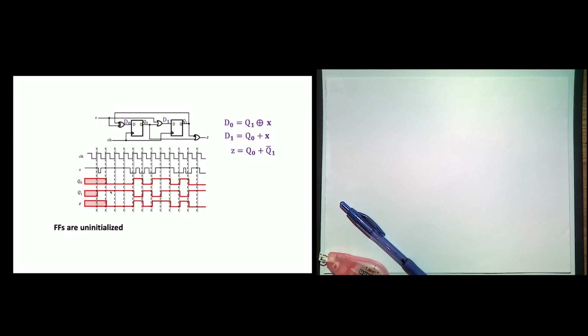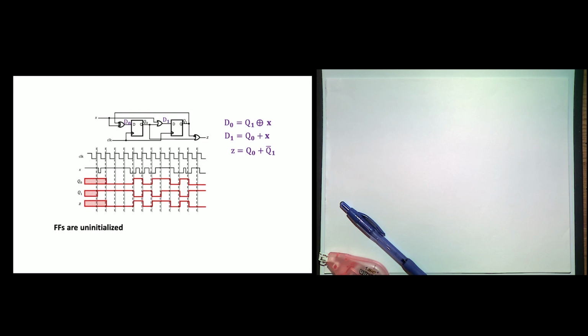Yes? Maybe I'm not reading it right, but on the cycle that it finally registers a value, isn't the previous value also unknown? Yes, Q0 was unknown until here. But now Q0 and Q1 are known, and we can plug them in and get the values for Z. But Z would know immediately? Yeah, Z reacts immediately to changes in Q1 or Q0, or very quickly on this scale.